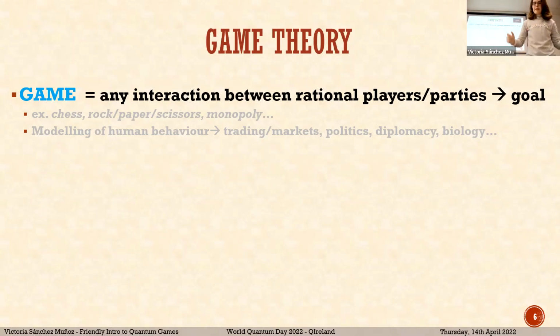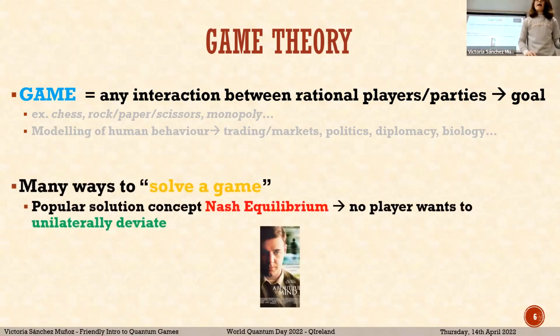This is the definition of a game. And when you think of games, there is not only one way to solve a game. What is the solution of the game? Especially when you work with human behavior and markets, what is the solution actually? One very popular solution concept is the Nash equilibrium.